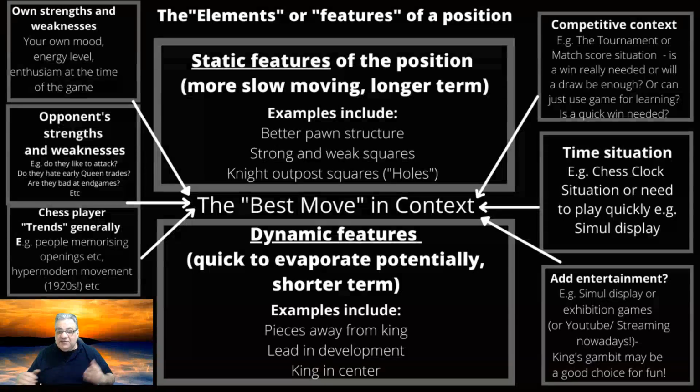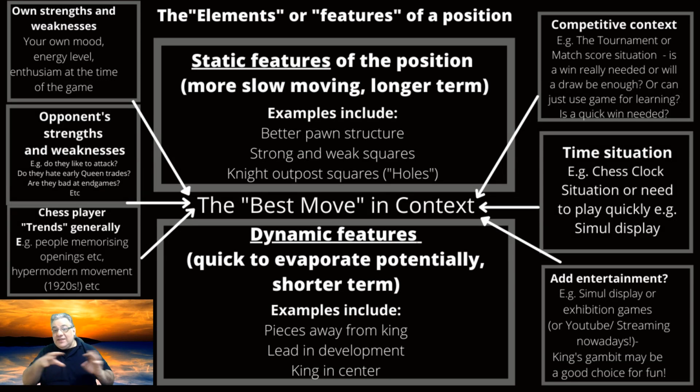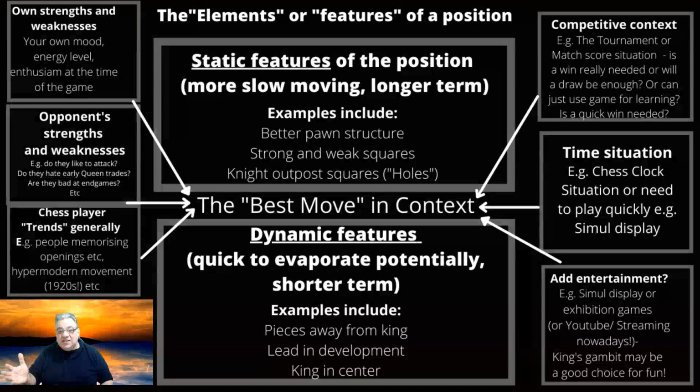So do they like to attack? Do they hate early queen trades? Are they bad at endgames? All of that could be factored in, even into the opening phase of a game, which usually sets the scene and tone for the rest of the game. So these contextual factors are all brought in. These are just examples here for this diagram. There are more you can think about.